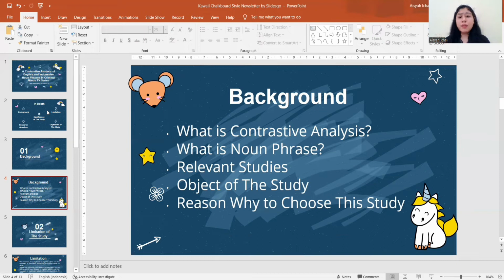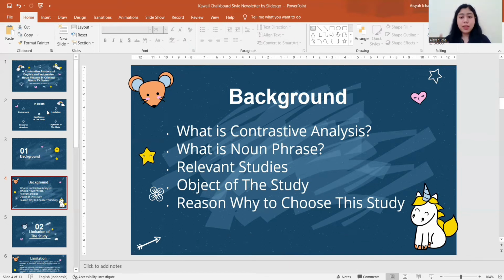And then relevant studies. In this study, I use 5 relevant studies as my literature reviews. And the similarities between those studies is that they all use contrastive analysis. The differences are because we have different objects, or we are analyzing different types of linguistic form.